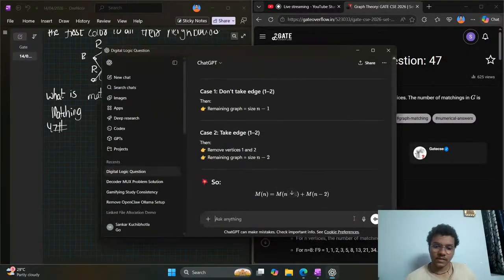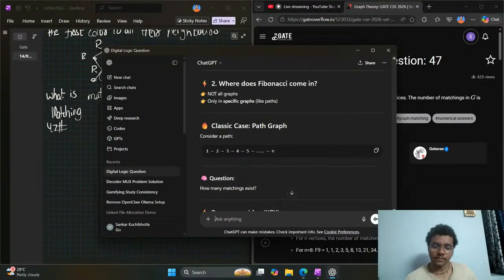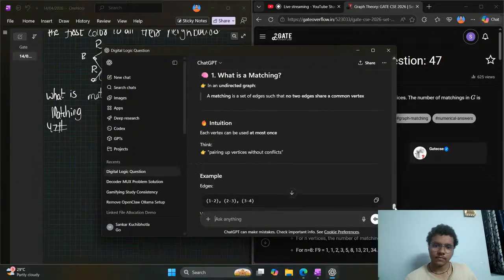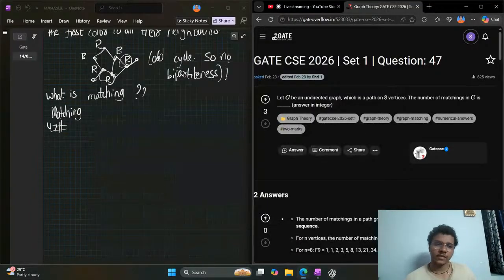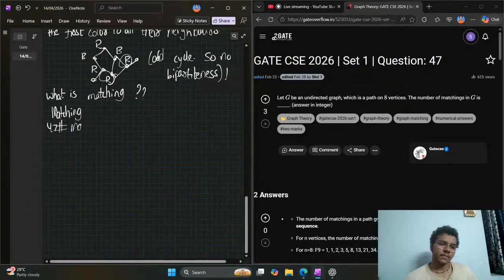So, what is matching again? Matching is a set of edges such that no two edges share a common vertex.